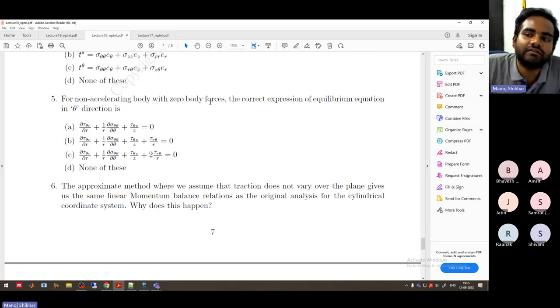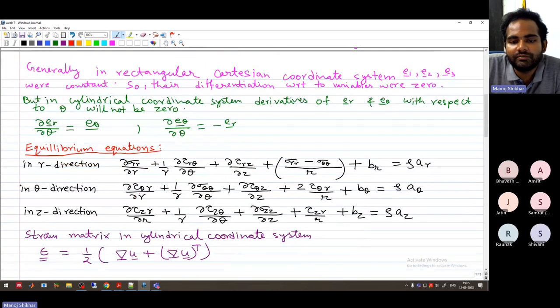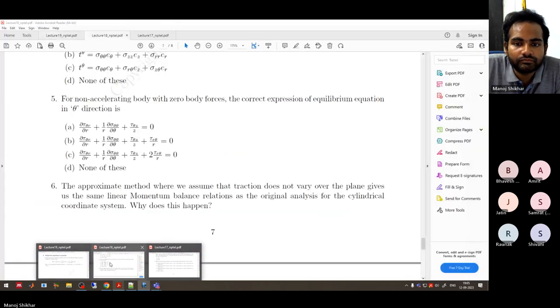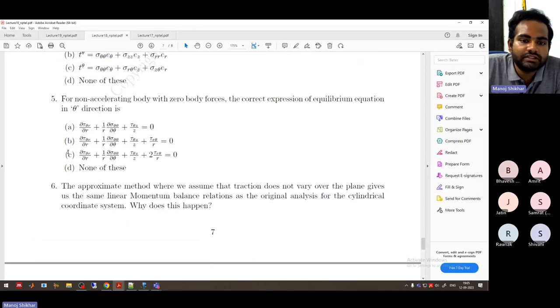But in this question, they have asked what will be the equilibrium equation in theta direction. So we move on to our equilibrium equation. So this is the equilibrium equation in theta direction. They have told that b theta and a theta is 0. Okay. So what should be the answer? So the answer is C. Oh, wait.